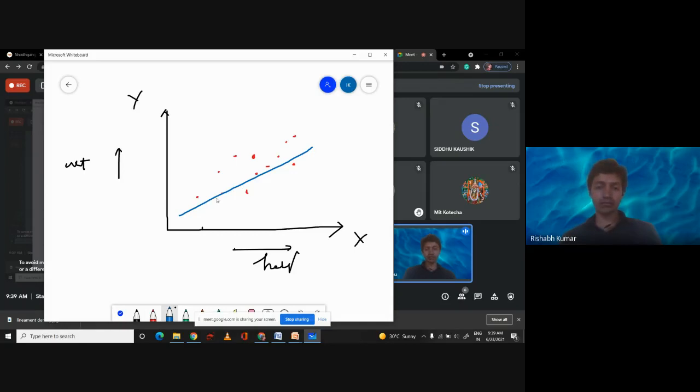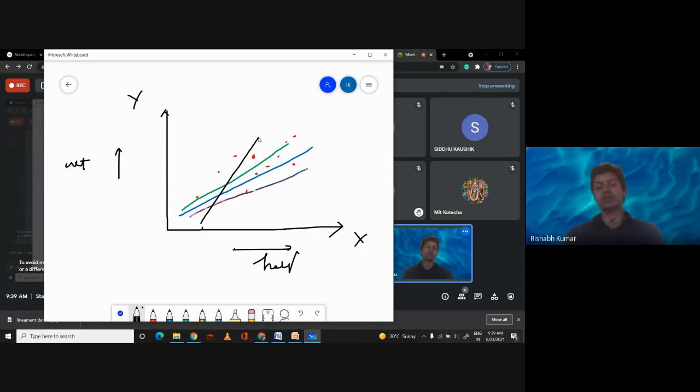Because this straight line could also be like this. This straight line could also be like this, right? This straight line could also be like this. So which straight line is going to be your line of best fit?